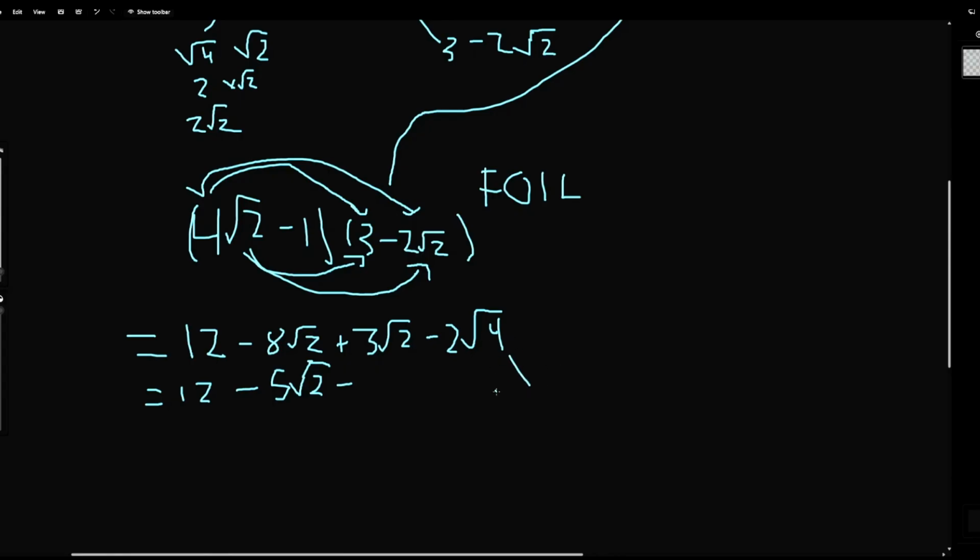Negative 2√4: √4 is just 2, so it's negative 2 times 2 equals negative 4. So this will just become negative 4. And then 12 minus 4 is 8. So this would become 8 − 5√2.